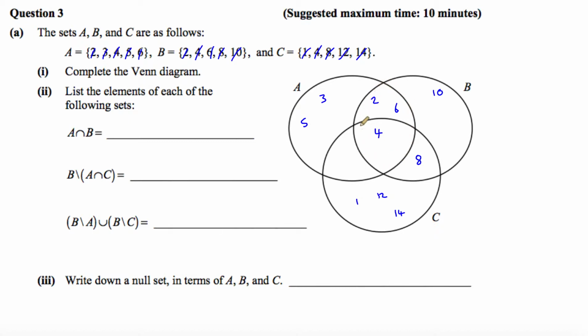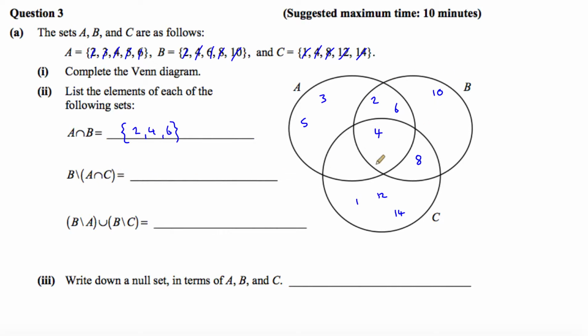So it's 2, 4 and 6. Now a lot of people would leave out the 4 there, thinking that the 4 is not in the intersection of A and B just because it's in C as well, but we don't care about C in this situation. We're just looking for anything that's in A and B at the same time. 2, 4 and 6.